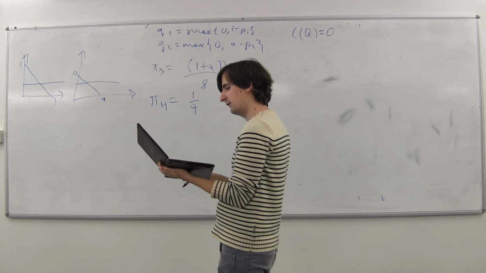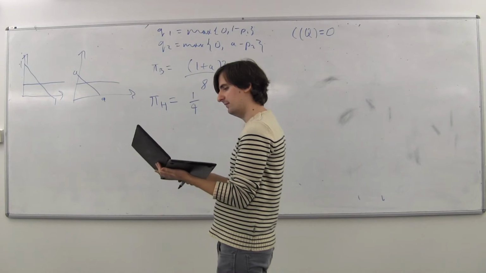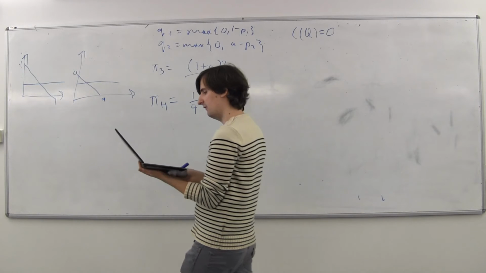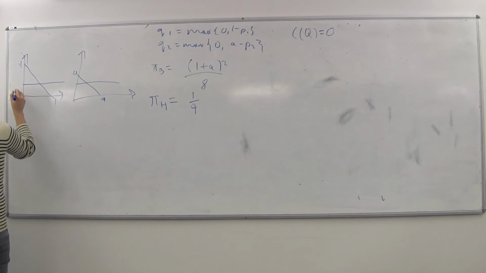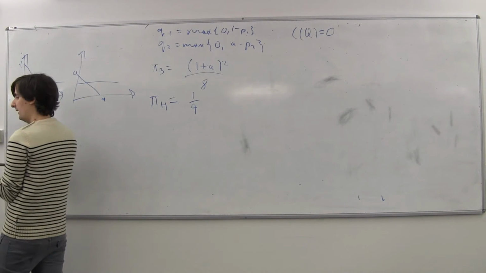So with price discrimination, it's all quite easy, right? With price discrimination, we had price equal to a half, quantity equal to a half.